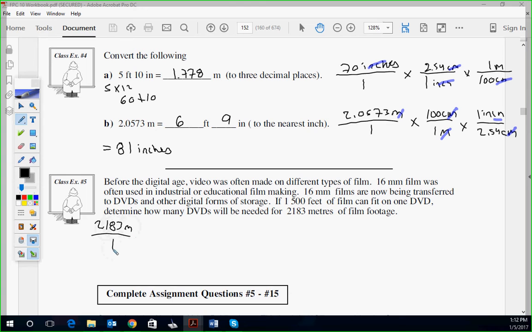So we want to convert that to feet to figure out how many times we could divide 1,500 into that. So meters to feet. Do we have that on our front here? Meters to feet. Yep, 1 meter is 3.2808 feet.